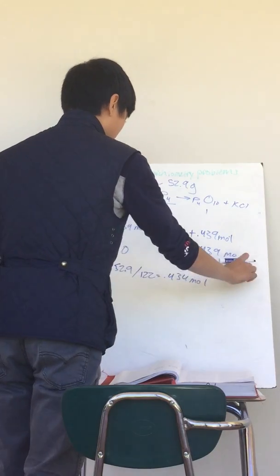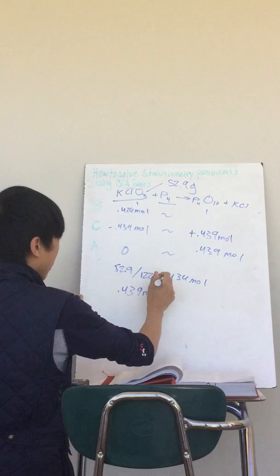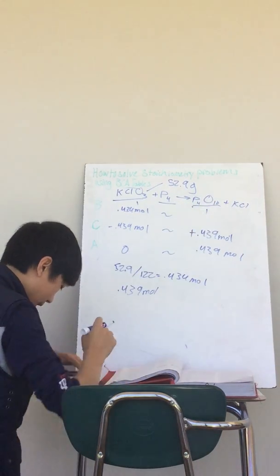Now all you have to do is multiply 0.434 by the molar mass of P4O10.